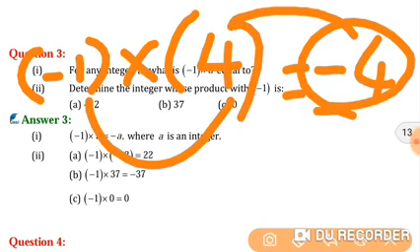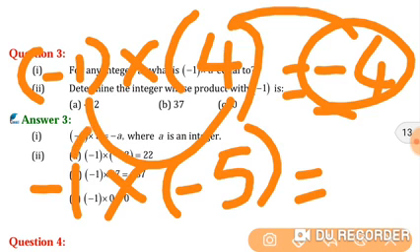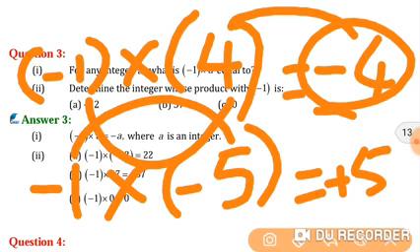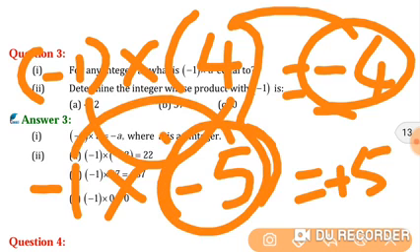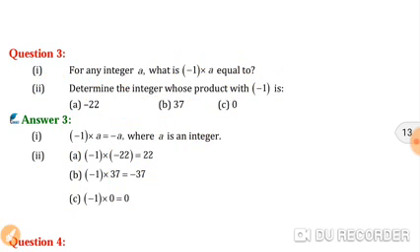Is it true? Take another integer, -5. Okay, -1 into 5 is 5, minus into minus plus. See, whatever integer you take to multiply with -1, you get the same number with the opposite sign. So that is your product.